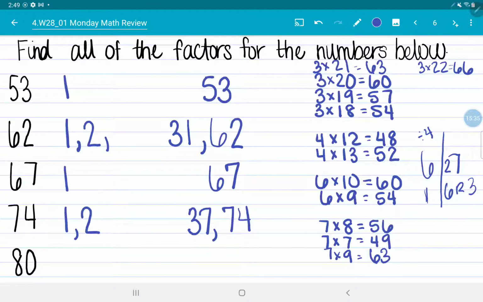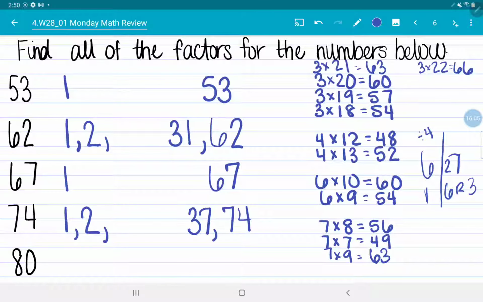Nope. 9? Nope. 10? Nope, doesn't end in a 0, so I know 10 won't work. 11? Nope. See, double 11 is 66 and then 77, so that wouldn't work. 12? Nope. All right, so 74 has 4 factors: 1 and 74 and 2 and 37.